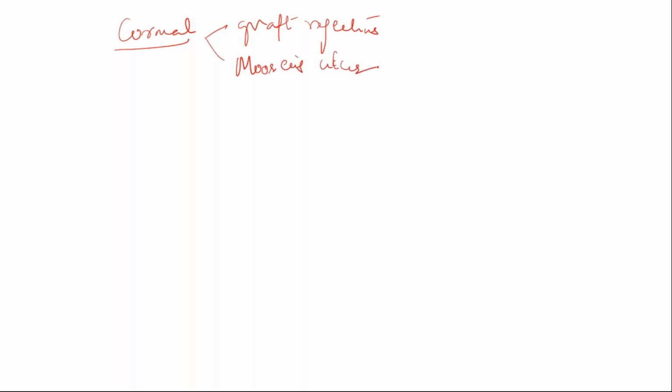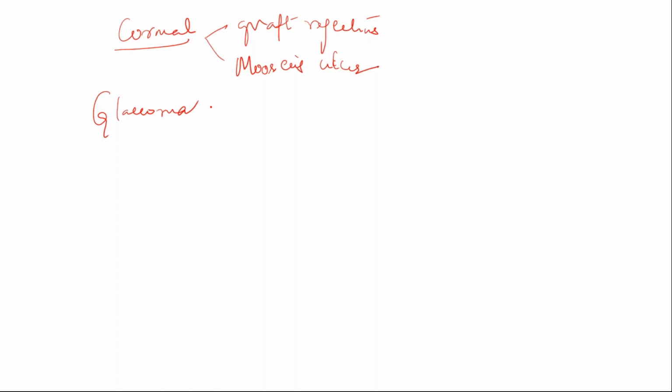So other indications are any corneal graft rejection. After keratoplasty, if there is any corneal graft rejection, then we have to always start immunosuppressants, right? And other indications like Mooren's ulcers in cornea. Okay, these are immune-mediated ulcers. Other indications are glaucoma filtration surgeries.